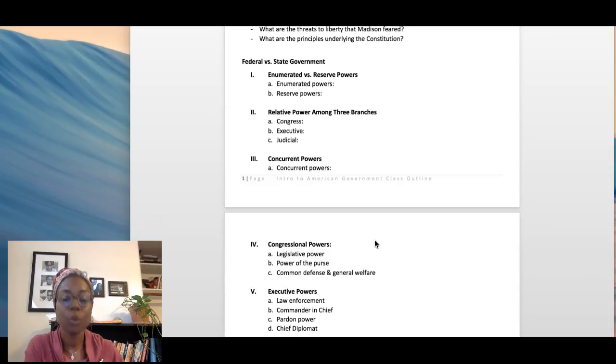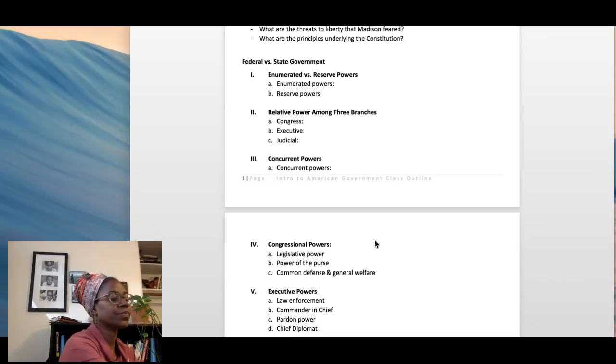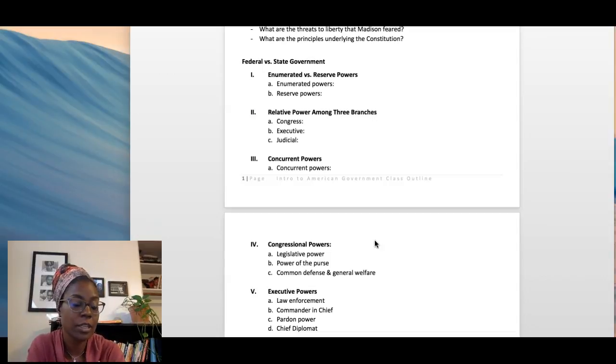And this was done in order to protect the federal government and try to make it clear what the parameters of federal power were. The reserve powers are those that are given to the states. It's important to note that the reserve powers were created through the 10th Amendment to the Constitution, which, like I said, we will be reviewing in class.